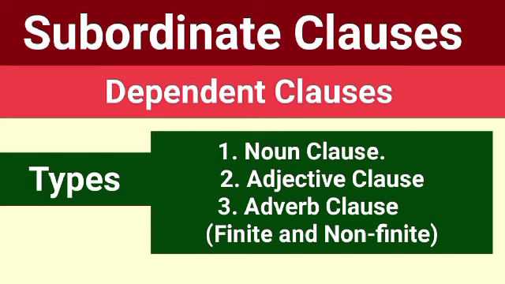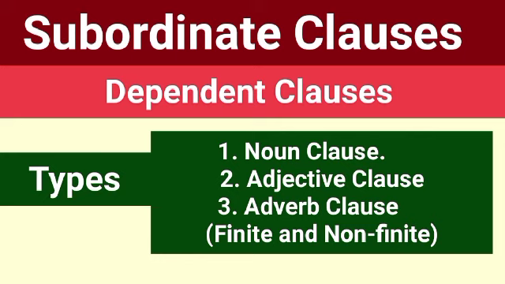One more thing you need to understand, that subordinate clauses are also classified as finite clauses and non-finite clauses. Each finite clause can either be a noun clause, adjective clause, or an adverb clause, and each non-finite clause can also be a noun clause, adjective clause, or an adverbial clause. Remember, the classification of finite and non-finite depends on the form of verb used in the clause.